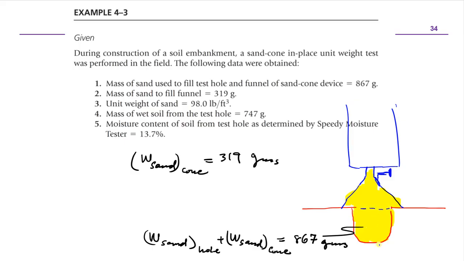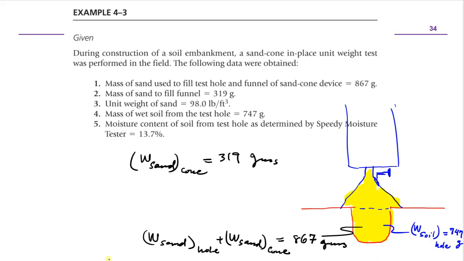So the mass of wet soil from the test hole, the weight of soil from this hole, is 747 grams.